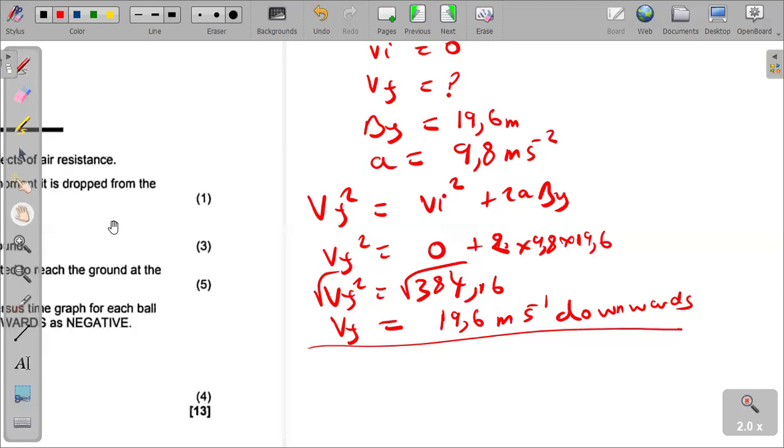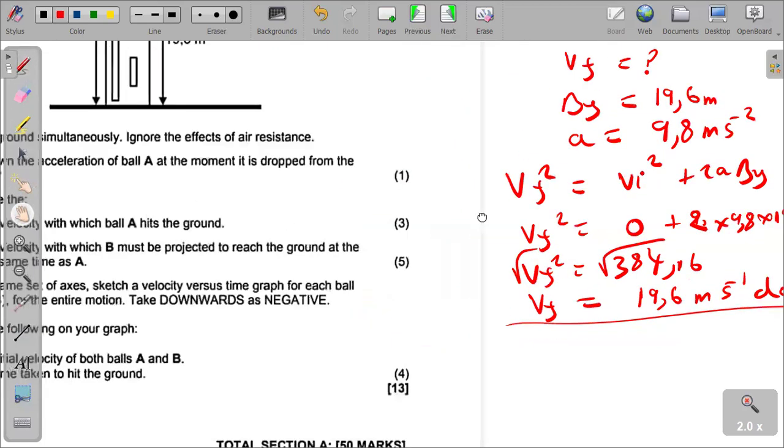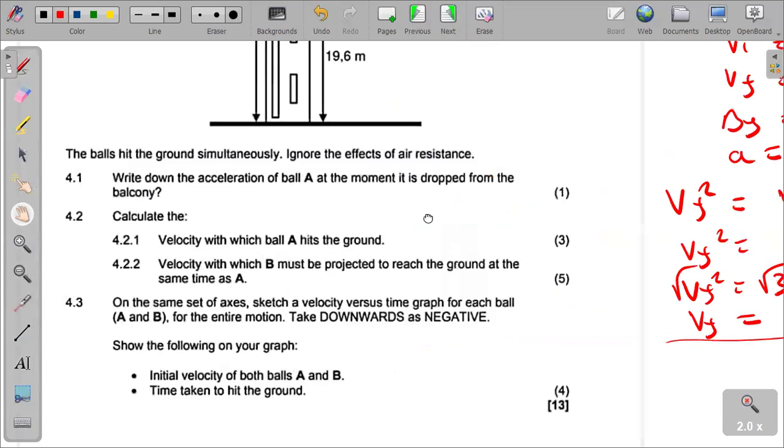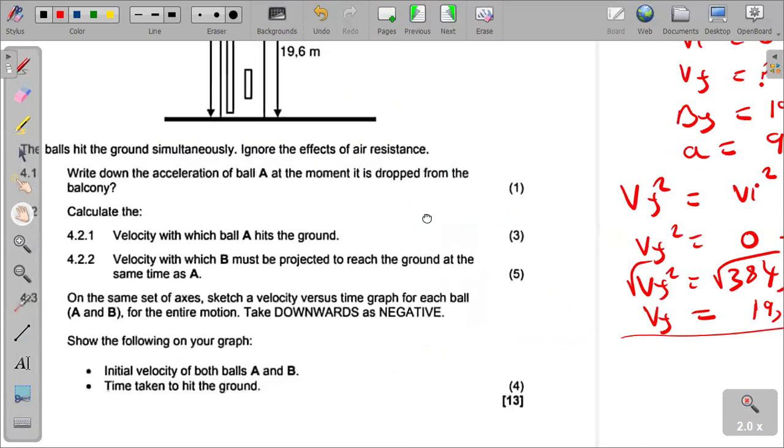With that done, 4.2.2 is now saying calculate the velocity with which B must be projected to reach the ground at the same time as A. What do both balls, ball A and ball B, share in common? They share the same time because they were thrown at the same instant and they both hit the ground simultaneously.